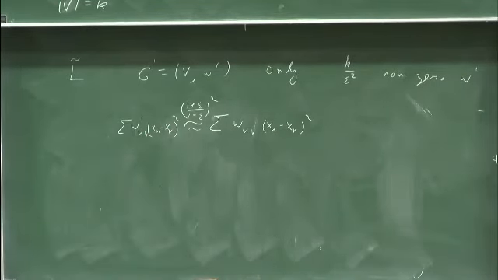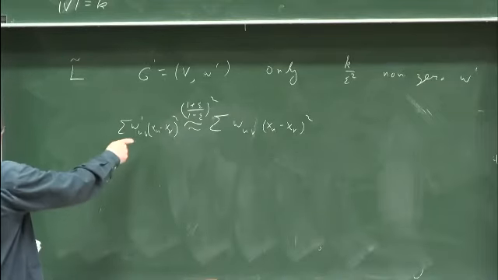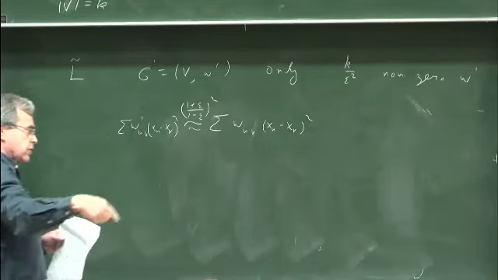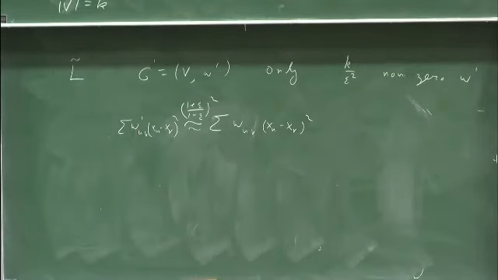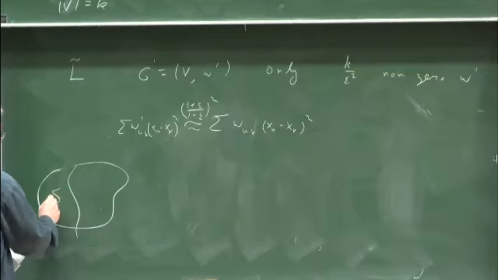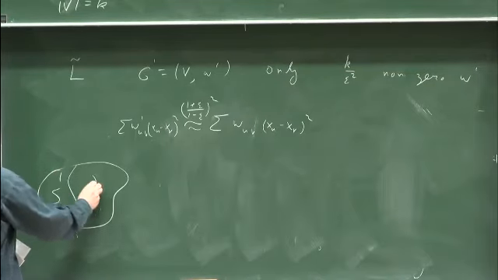Okay, now why is this important in computer science? Because this is true for every vector x indexed by the vertices. But take a vector, so you have a graph and you have a subset S. Take the vector which is 1 here and 0 here.